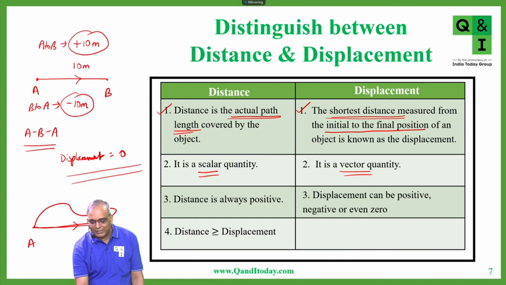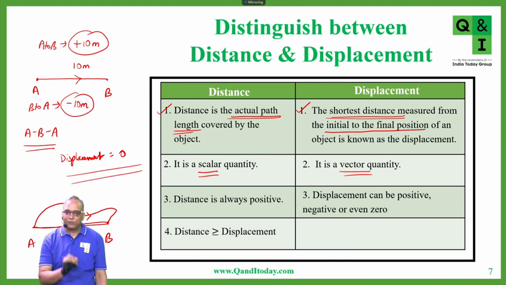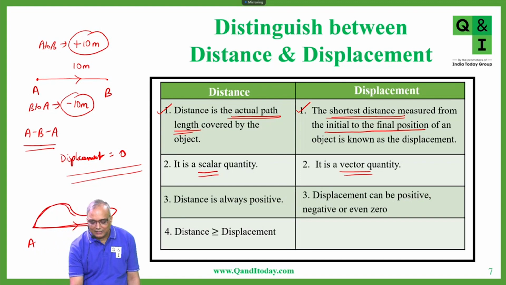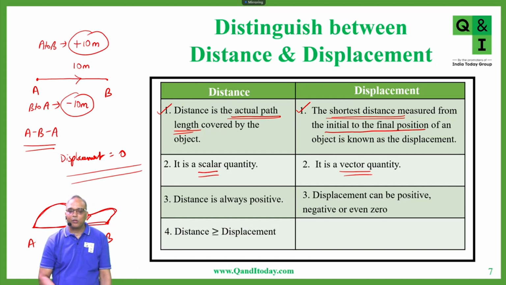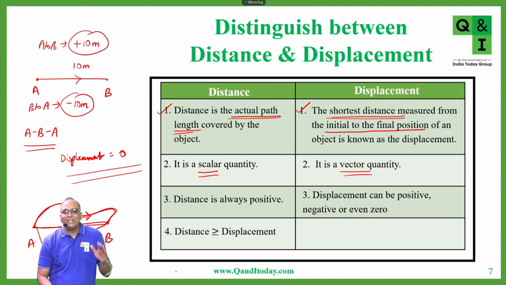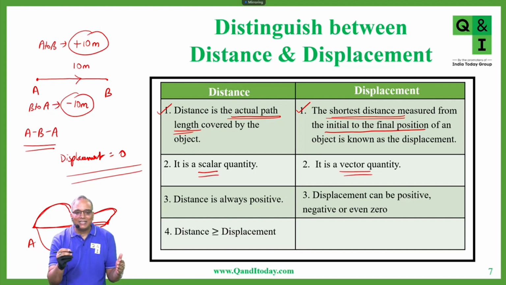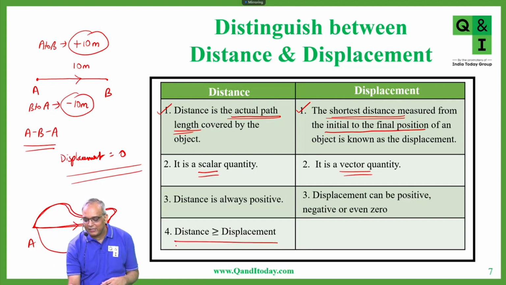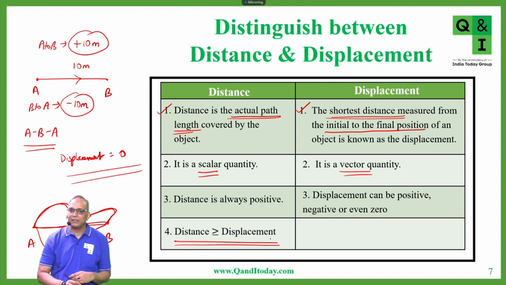So the shortest distance is this straight line path from A to B. But the path the body takes to go from A to B can be any path. All of these paths will always have a path length greater than the shortest distance. And that's why distance is always greater than or equal to displacement.